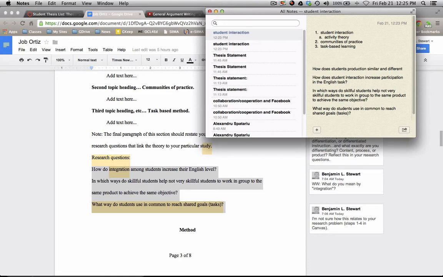I mean, we're back now talking about concepts that you had before. I'm just asking what you want to focus on. I really don't see much of a difference from what you had before, based on the feedback you're giving me. You can choose the theory. If you don't like differentiated instruction, that's fine. You can talk about activity theory, communities of practice, and task-based learning.